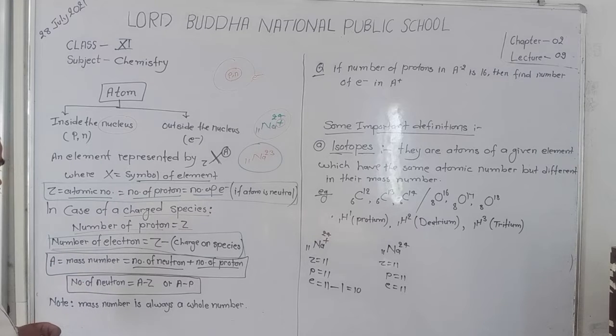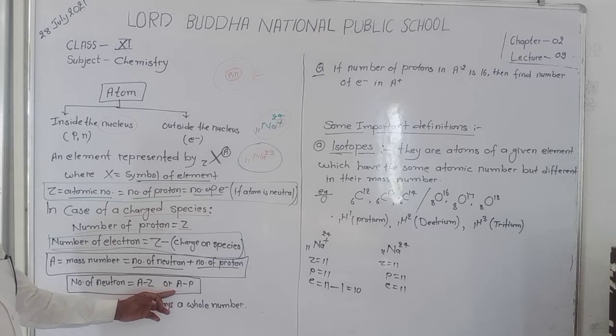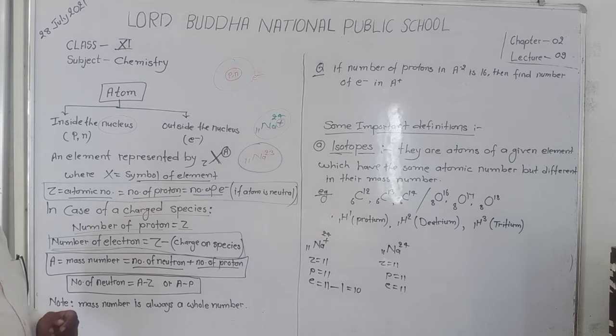Dear student, from this formula, number of neutrons equals A minus Z, that is, mass number minus atomic number, or mass number minus number of protons. So the number of neutrons is calculated by mass number minus atomic number, or mass number minus proton number.